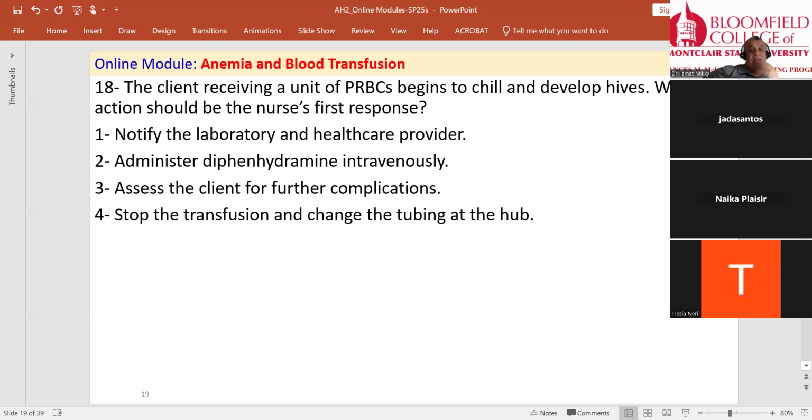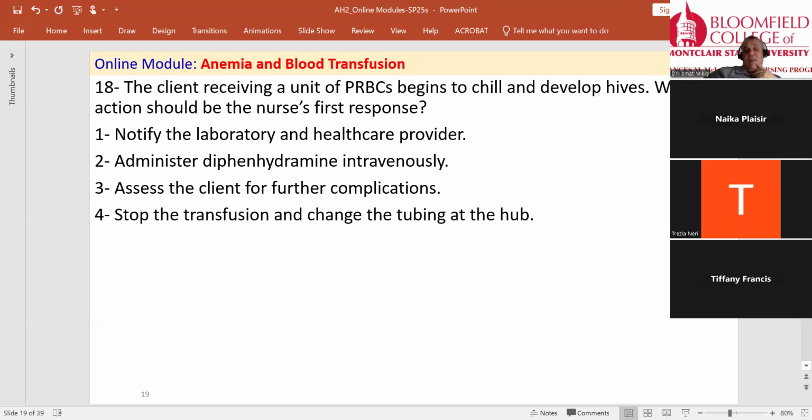But what about number one? If this is the first time this patient has developed this reaction, would you call the prescriber, like the PCP or doctor or nurse practitioner, the provider? You would call them, but you should stop the transfusion before you call them.